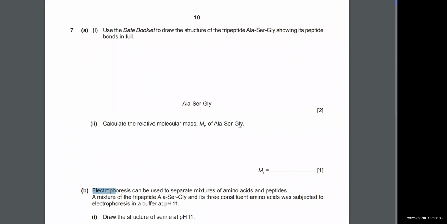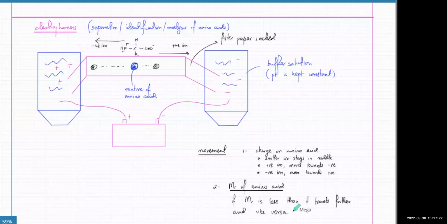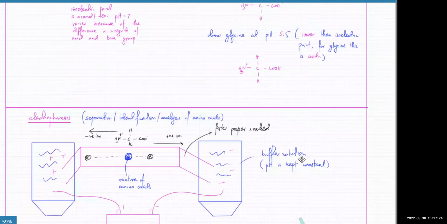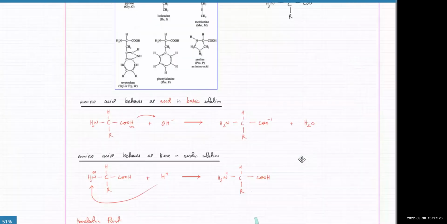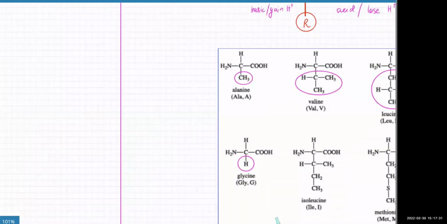In the older questions, one of them is a peptide, which means alanine, serine and glycine are all joined together, so there will be amide links between them. If I join two amino acids, like alanine and valine, there would be no difference.